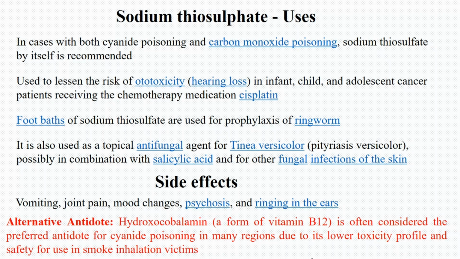This modified form of vitamin B12 is used as a preferred antidote for cyanide poisoning in many cases, as it has lower toxicity and is very safe to use in smoke inhalation victims. When the victims inhale cyanide in the form of smoke, hydroxocobalamine can be used as an antidote.